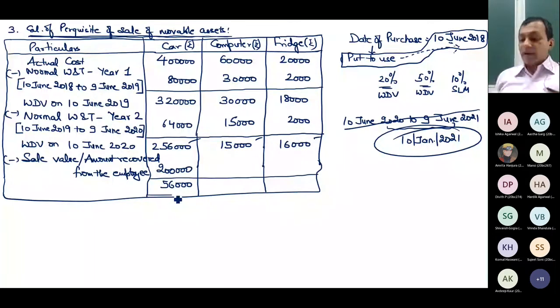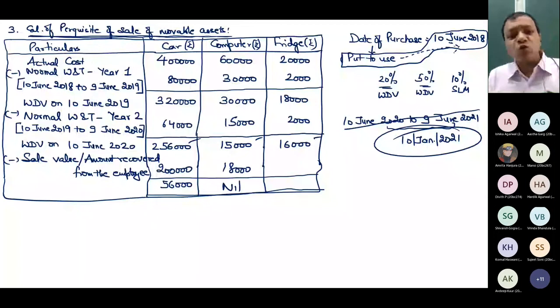In case of computer, I purchased it at 18,000. Department says the market value was only 15, but you purchased it at 18. So technically, there is no benefit to you. So it is nil. In fact, you are at a loss. This is the view of the department. And as far as fridge is concerned, it is 16,000, and you are paying how much? 10,000. So that means 6,000.